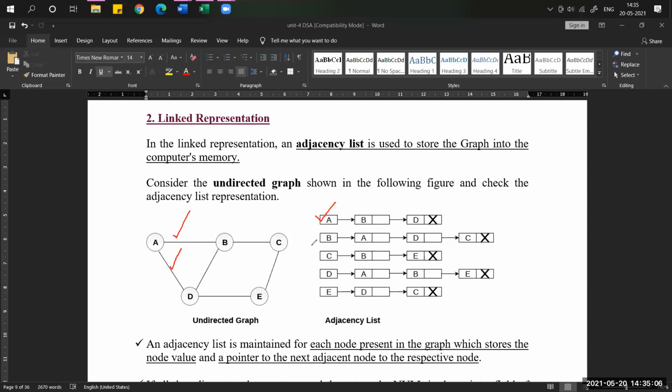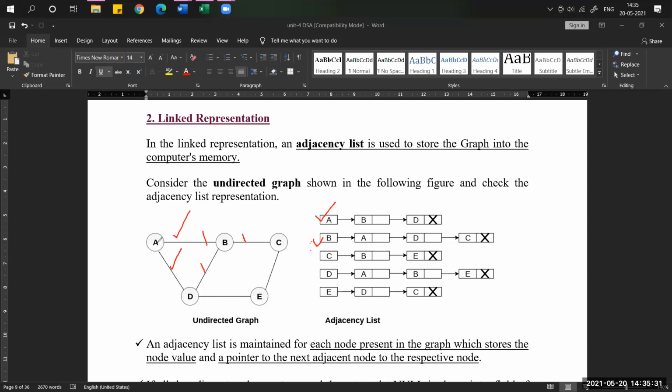Now, if you take vertex B, how many edges are there from B? There are three edges. One, two, and three.